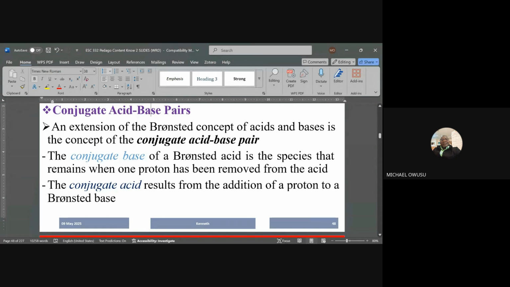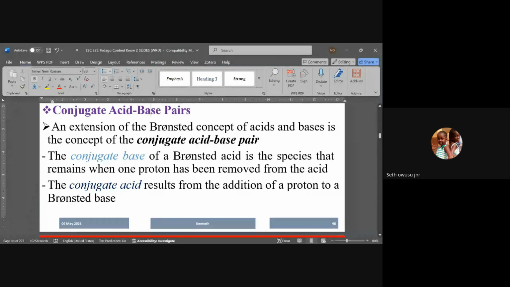So the extension of the Bronsted-Lowry acid and bases is the concept of acid-base conjugate pairs. So, listen to this: a conjugate base of a Bronsted-Lowry acid is the species that remains when a proton has been removed. Do you agree to that?